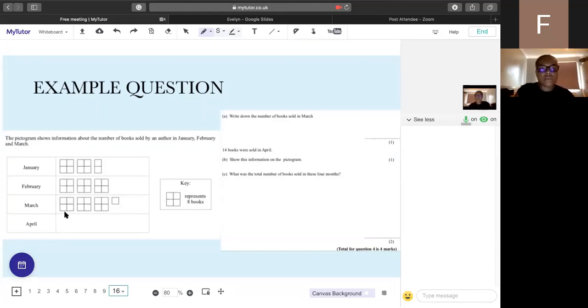So first of all, I've got a whole 8 books here, another 8 here, another 8 here, and then another 2 here. So it'd just be 8 plus 8 plus 8 plus 2, which would give me 24.